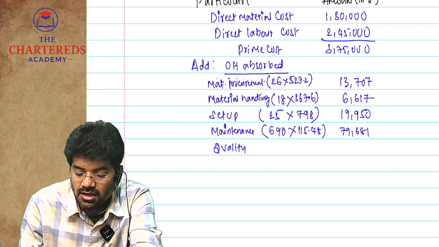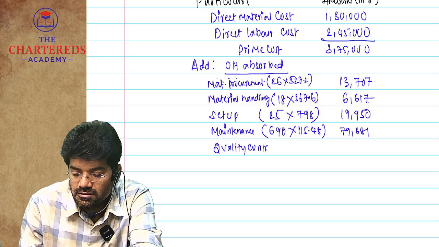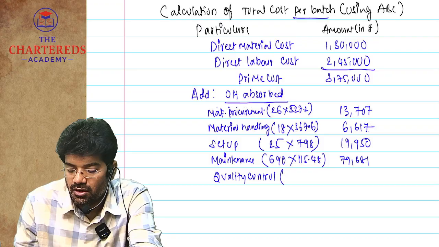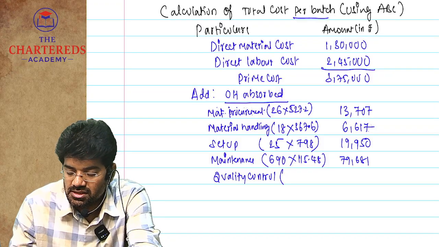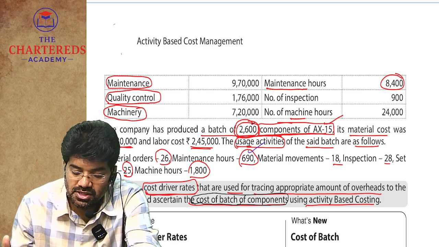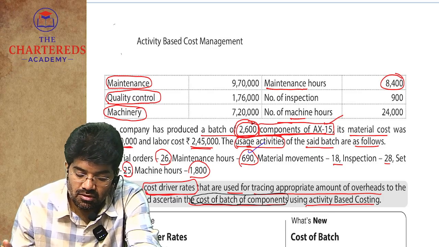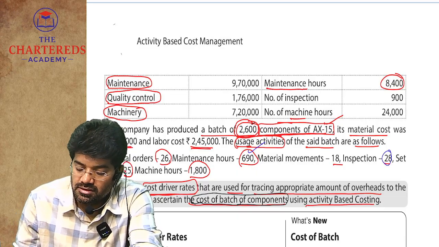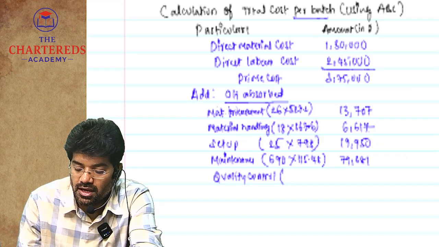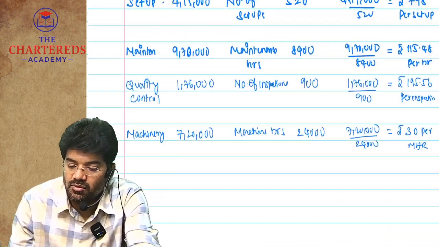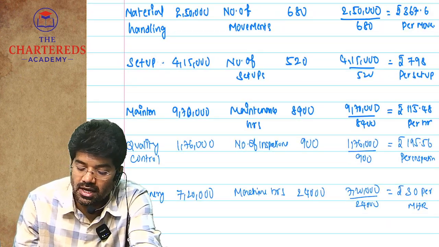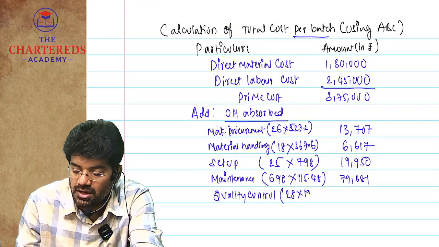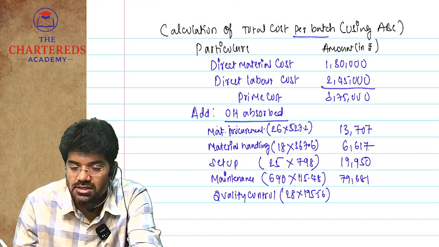Next one, quality control. How many inspections are we taking for this? 28. So 28 into the per-inspection rate we got, 195.56.